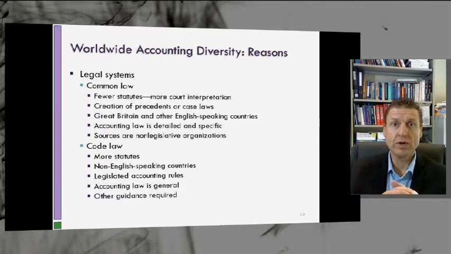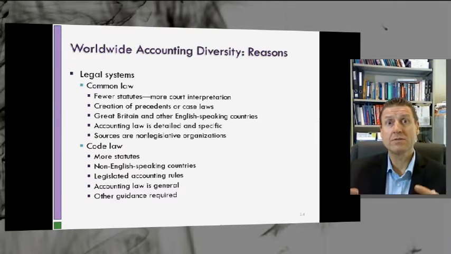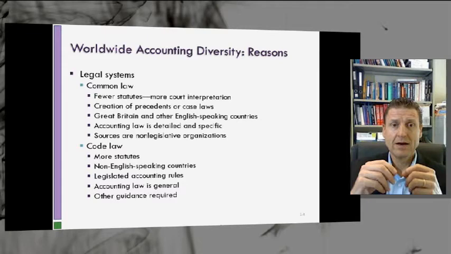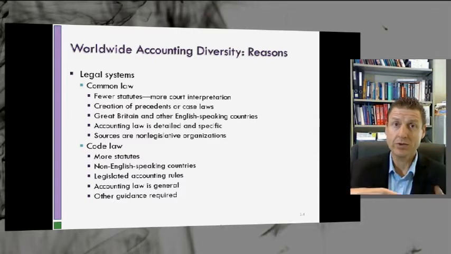And that law is really based on legal judgments, cases, and precedent, and not just statute law, which is handed down by the state. Code law systems, in contrast, for example, the non-English speaking countries, Germany is a good example, they have legislated accounting rules, they have legislated laws, they have a lot of statutes. And so therefore, you refer to the statute for working out what you're allowed to do, what you're not allowed to do.